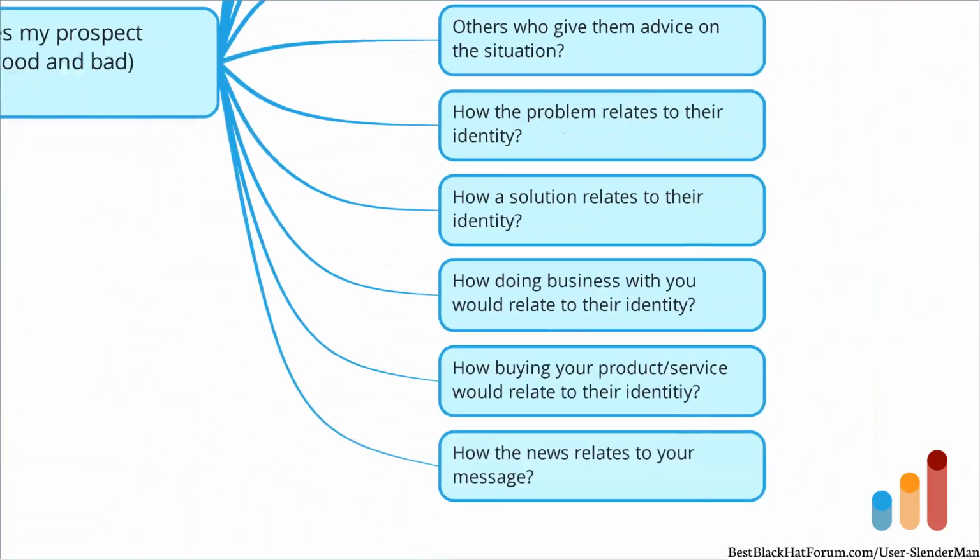What do they believe about, this is important, how the news relates to your message? And so if you are going to make a prediction about something that's going to happen in the economy in the next 12 months, but all the news that's out there in the marketplace says something different, all the news that they're reading says something different, you have a higher burden of proof.